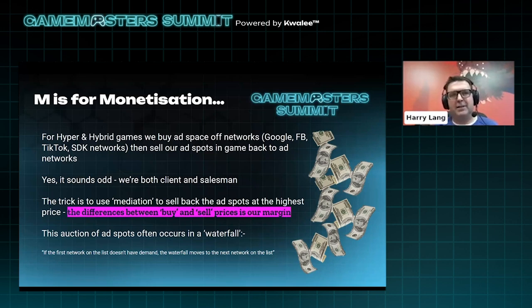We basically advertise on Google, on ad networks, on SDKs, and TikTok. So we're customers. We're buying ad space, and we put our ads up there. People click, they come through to our games. Within our games, we serve ads a lot of the time for our competitors. You know, they put their game ads in our games, we put our ads in their games, and then we sell that ad space back to the same networks and the same customers via a process called mediation.